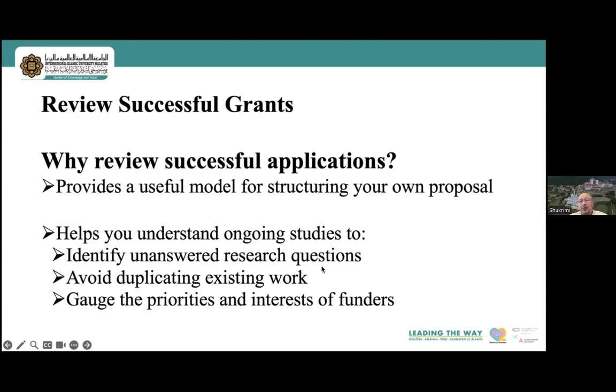And most importantly, we want to avoid duplicating existing work. This is what is always asked: whether your study is just replication, just duplication. The study may have been done somewhere in another university, published and well known. So we don't want to repeat the same thing. And by reviewing successful applications, we can gauge the priorities and interests of the funders.